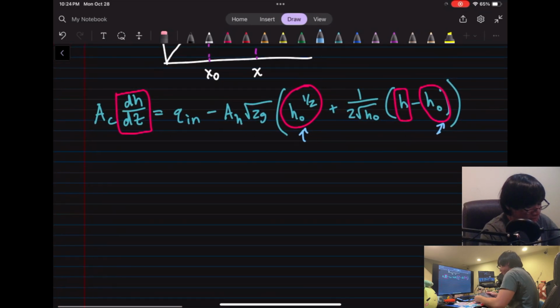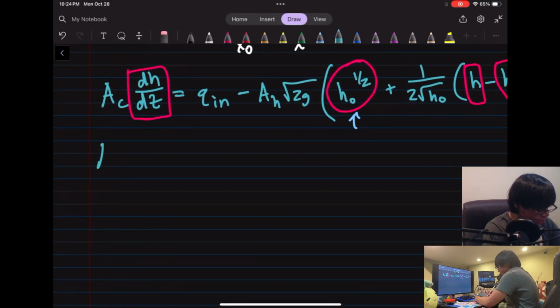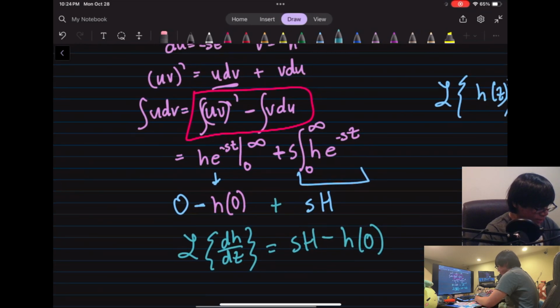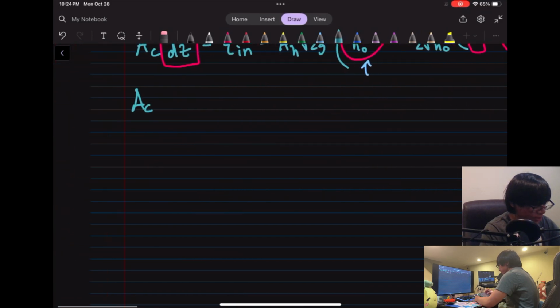So if we take the Laplace of this, which I think I mentioned already is the wrong way to do it, or at least a more difficult way to do it, you would have something like so. Constant, that's all right. Laplace of the differential. Well, we did that already. That's just s times the Laplace of h minus the initial value.